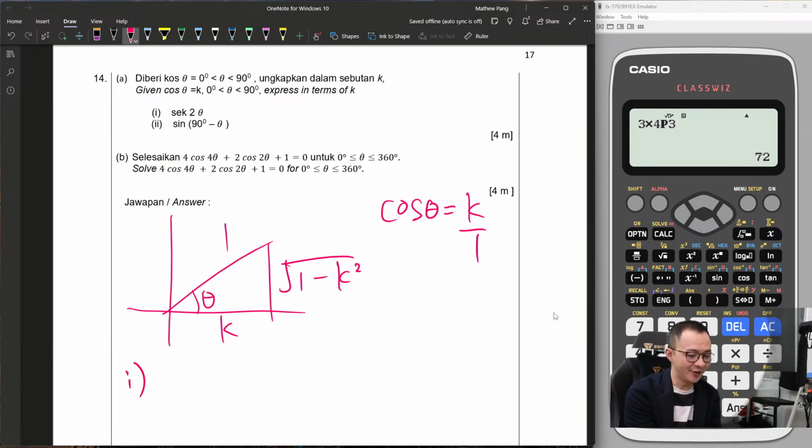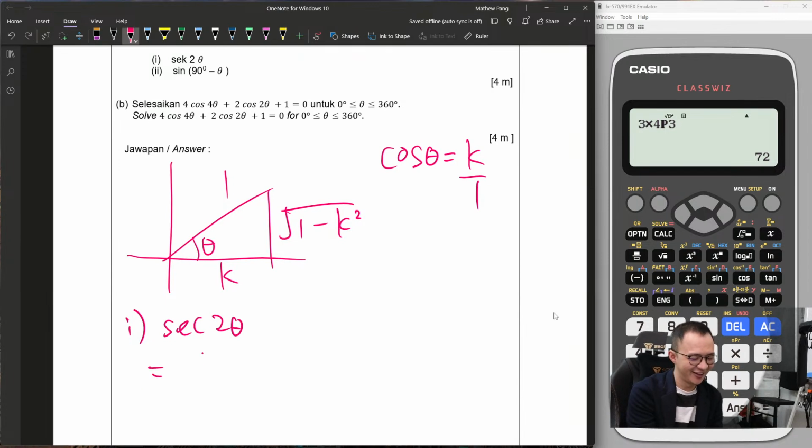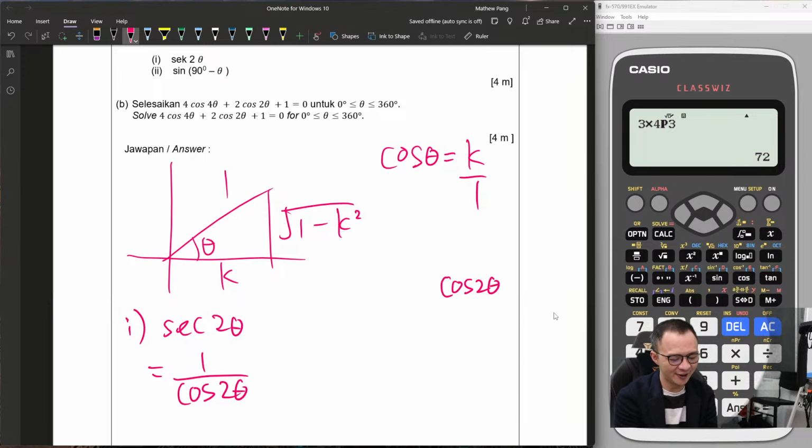So part 1, sec 2 theta. Yeah, sec 2 theta. Why don't have the English version one? So 1 over cos 2 theta. For cos 2 theta, there are a few formulas you can use. First one is cos squared minus sine squared. I don't like this one because I have cos and sine. I want one that only has cos.